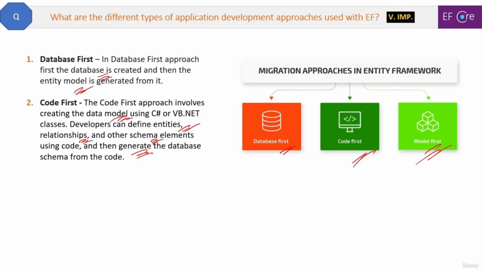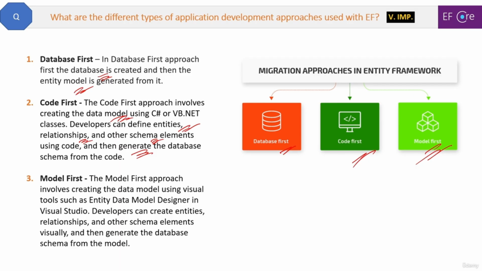Then the last one is the model first approach. The model first approach involves creating the data model using visual tools, the diagram, drag and drop, such as the entity data model designer in Visual Studio. Developers can create entities, relationships, and other schema elements visually with the help of this model designer, and then you will generate the database schema from the model.